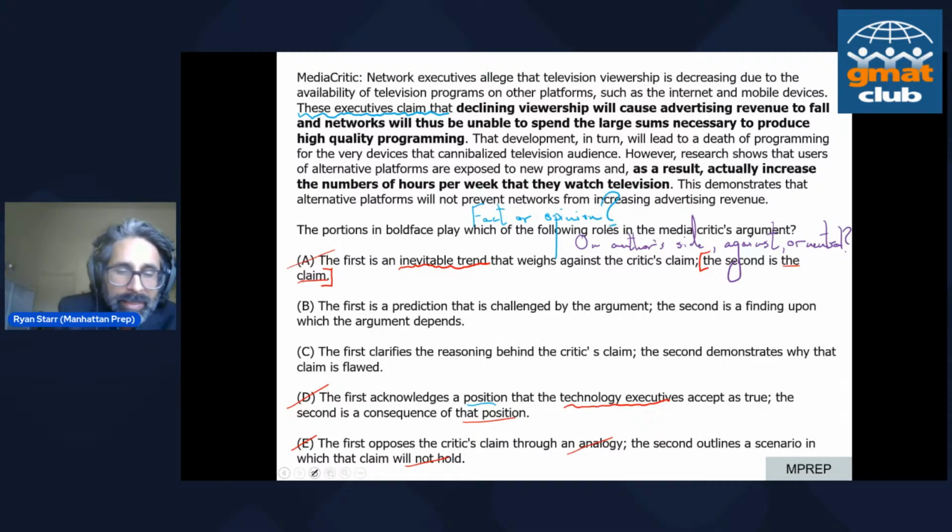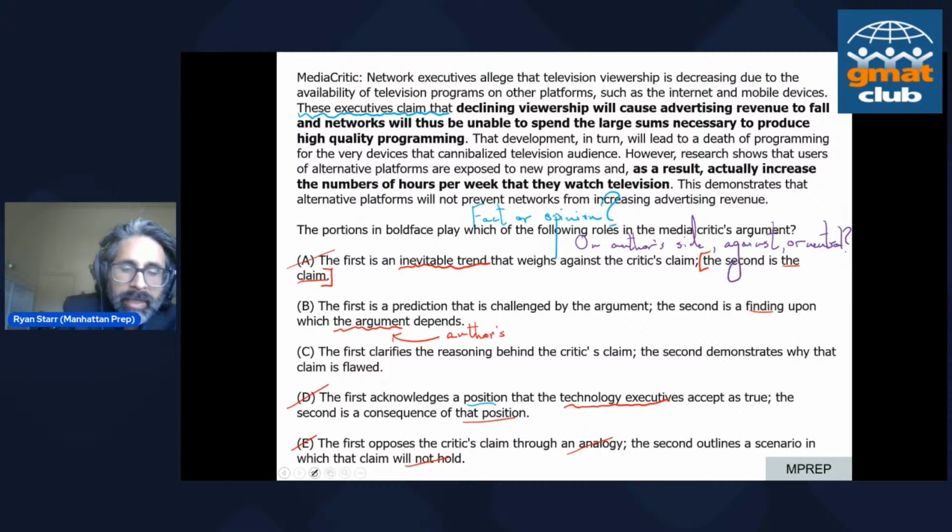"The second is a finding." All right, finding's pretty good for a fact-based thing. Finding is one of the ways they'll refer to facts, just as evidence is. "A finding upon which the argument depends." Now, the argument is a bit cryptic here. When they say the argument in these questions, what they really mean is the author's conclusion.